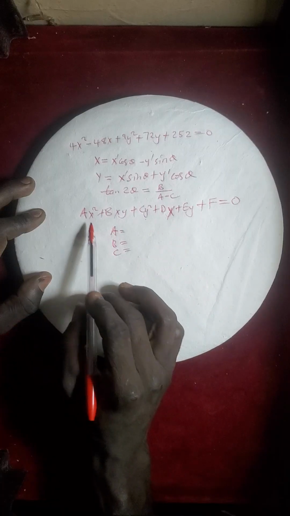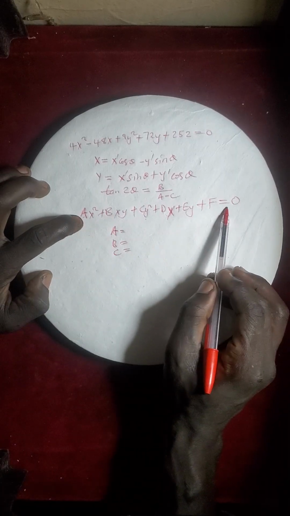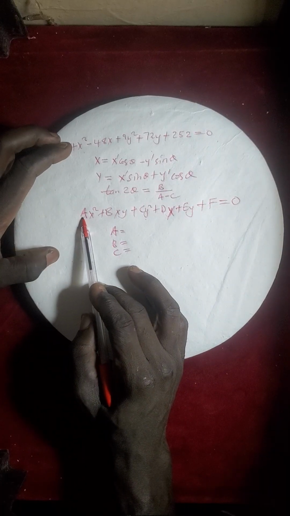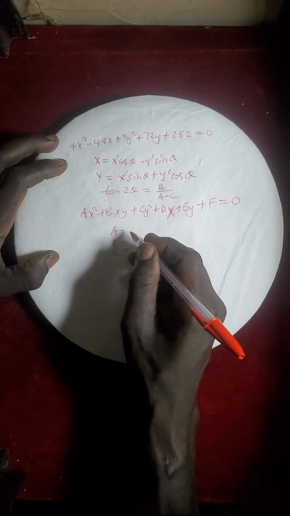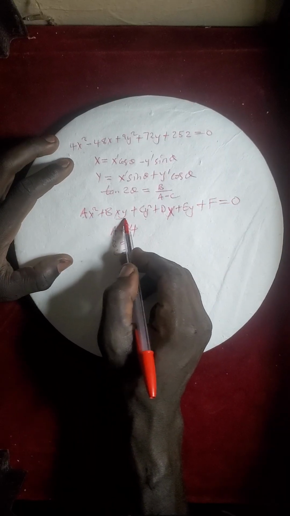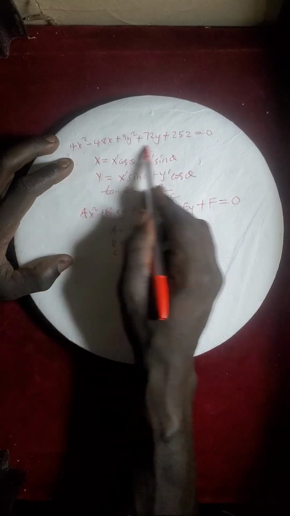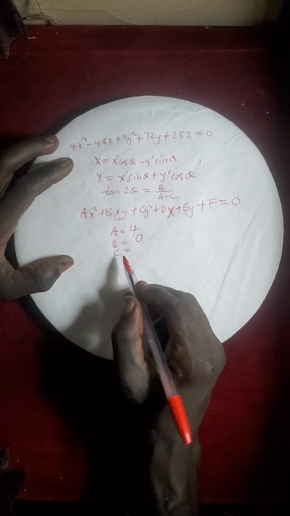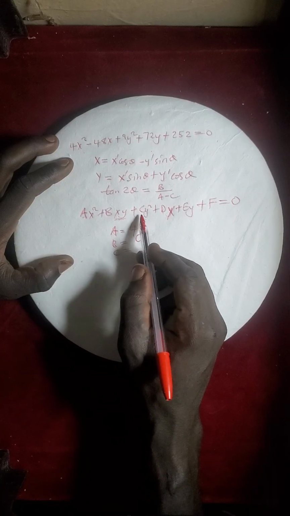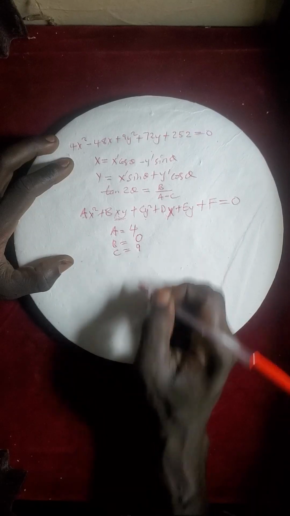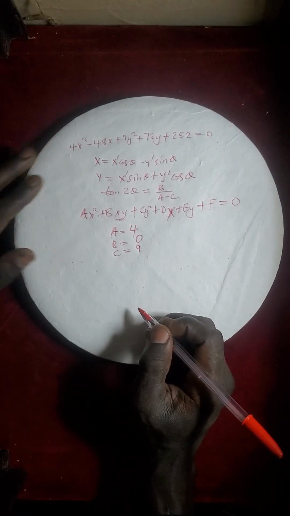So what is our a? We look at this equation and compare with our equation there. We can see that a is 4. For b, we need a part which has xy, but in our equation there is no such part, so b is 0. C is the number getting y squared. What number is getting y squared? It's 9.